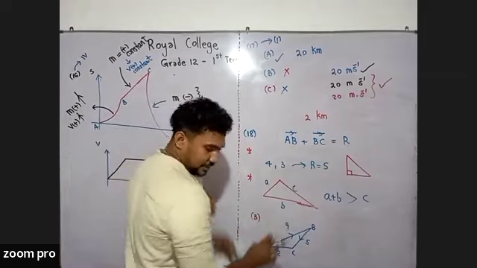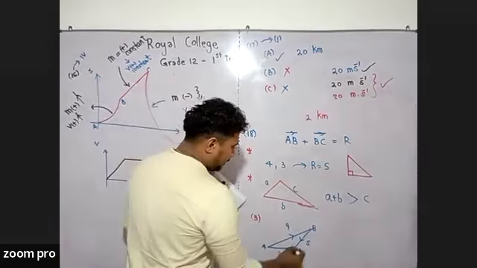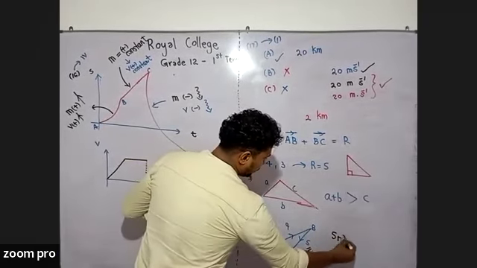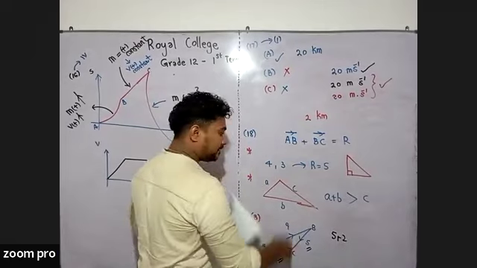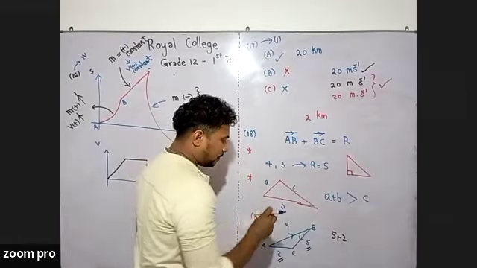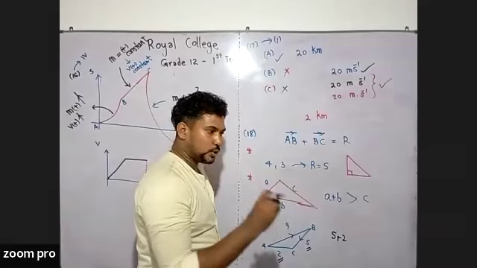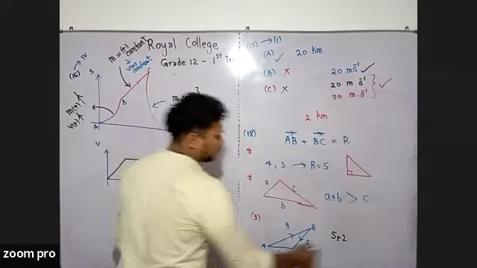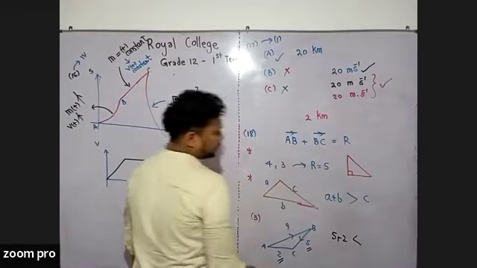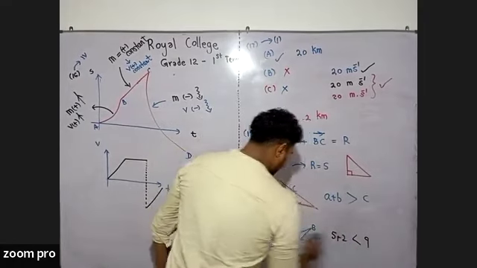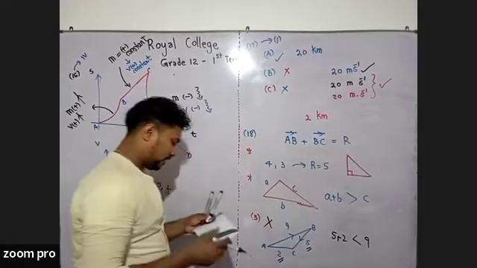Right. So here the issue is that the sum of the smaller values, that is 5 plus 2, should be greater than 9. If it is correctly represented, the sum of the smaller values should be greater than the remaining value. But here it is the opposite, because the sum of the two values is less than the other one. So this is incorrect, right?